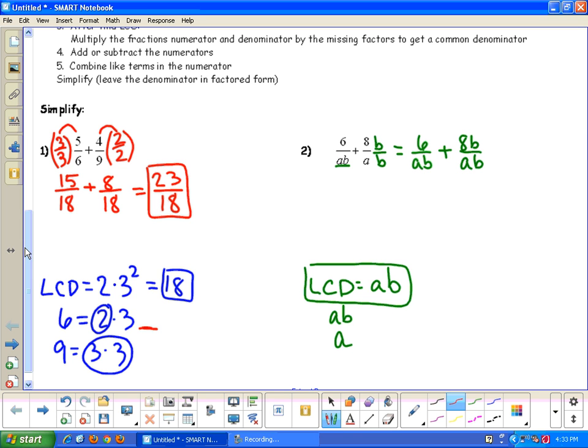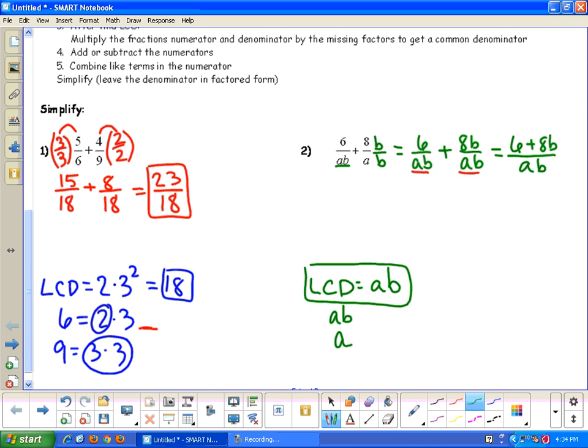Now that I have my common denominator, I can add my numerator all over my common denominator. So this is going to be equal to 6 plus 8b. Those are not like terms, so I can't add them together, all over ab. And then that would be my simplified answer. I can also factor the numerator.